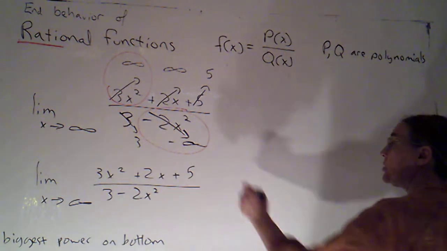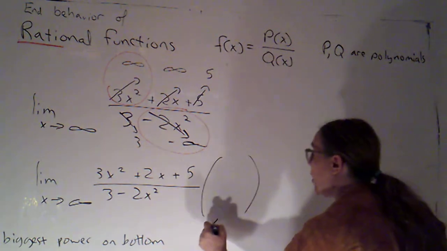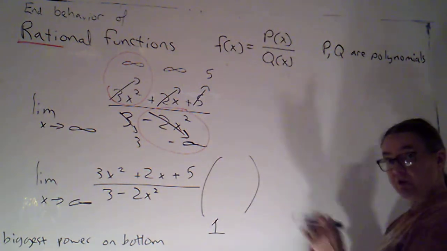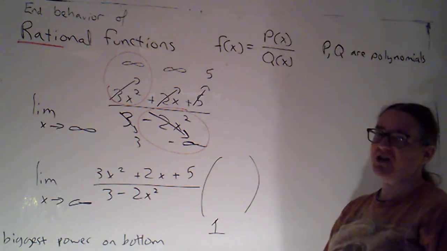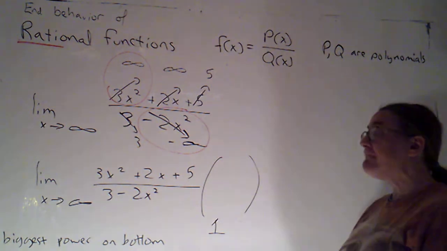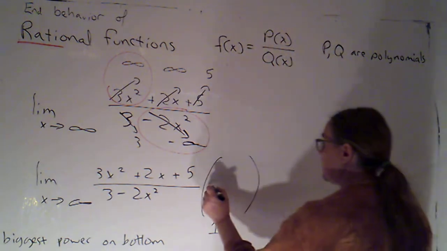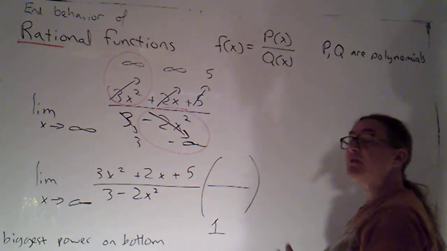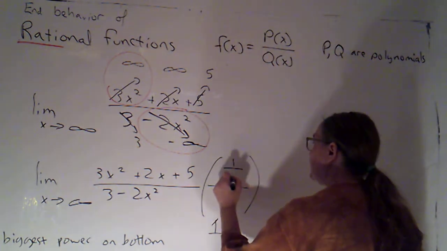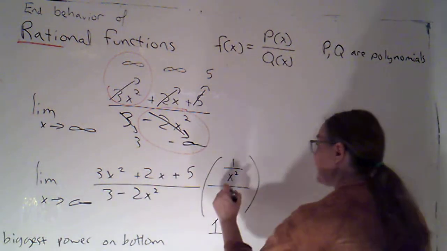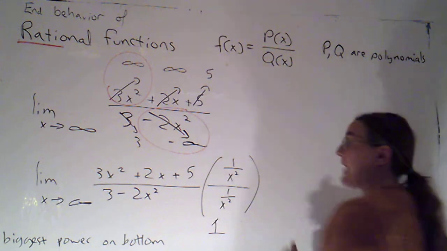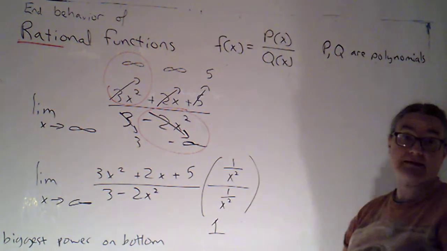I'm going to multiply this thing by 1. Always allowed to multiply by 1. It can change the way things look without changing their value. The form of 1 I'm going to use is going to be the reciprocal of x squared, the reciprocal of x to the biggest power on bottom over itself.